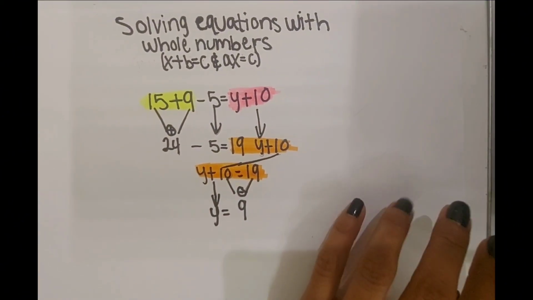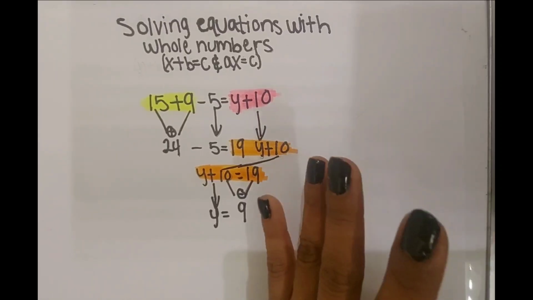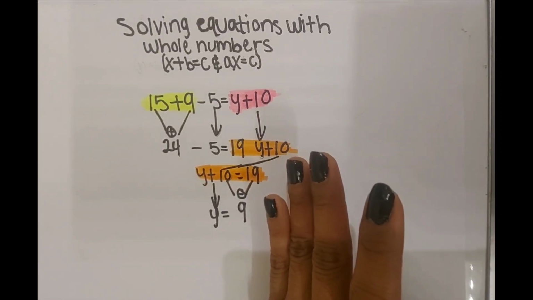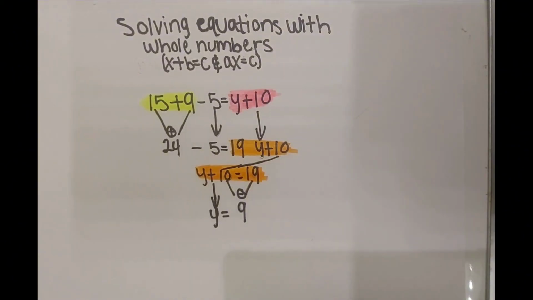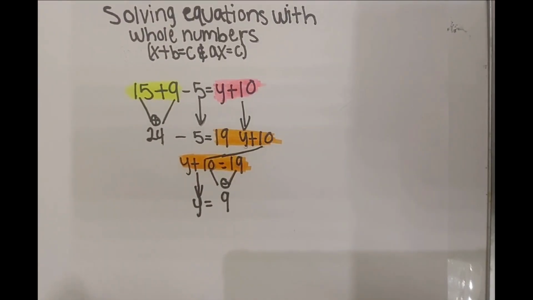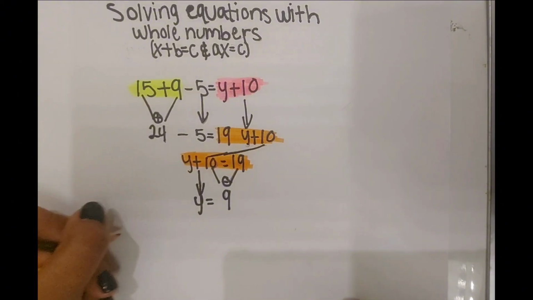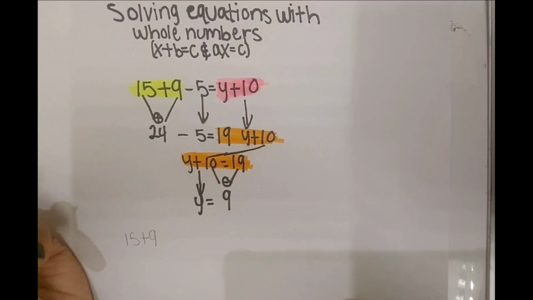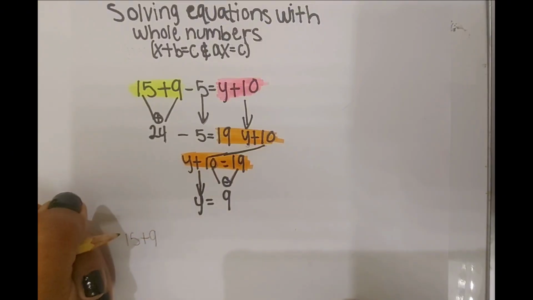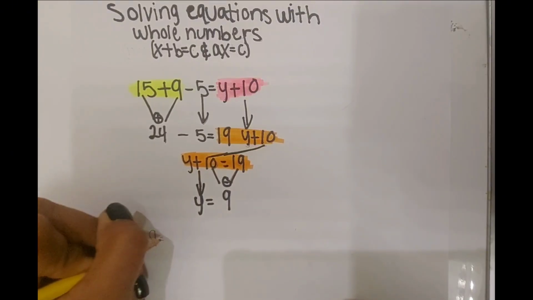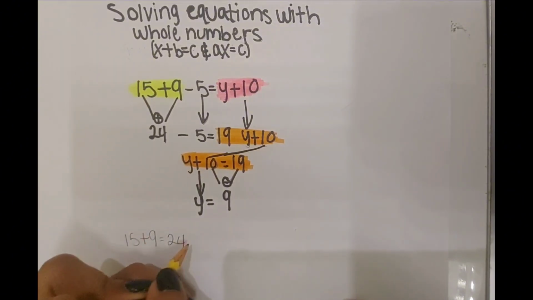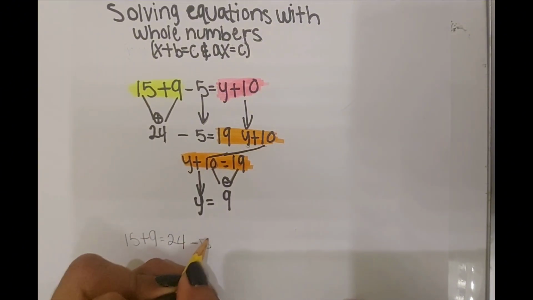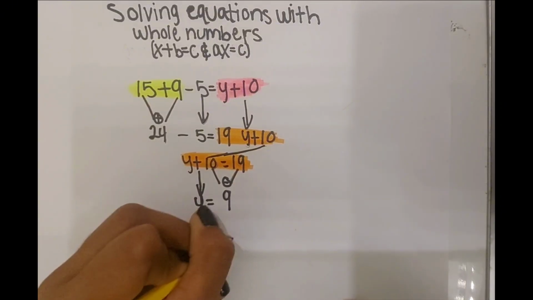Now I'm looking at this and I'm trying to figure out is there a much shorter way to do this. And just figuring it out, all we really had to do was just do 15 plus 9 which equals 24, minus 5 equals 19.